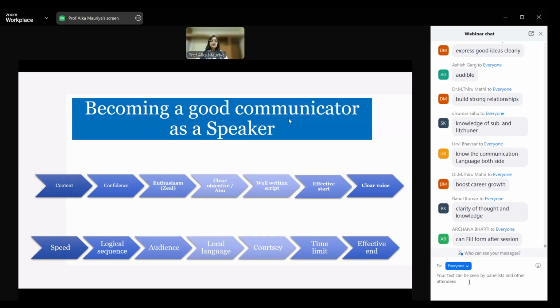Then, clear voice. You should be audible, and each and every word should be clear to the audience. And after that is the speed. This reminds me of a very interesting thing that is happening these days. I'm sure those of you having kids will be able to relate with me. Students these days have developed a tendency to study from YouTube channels.